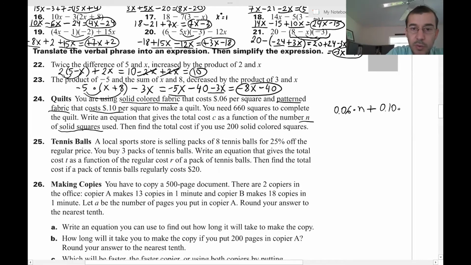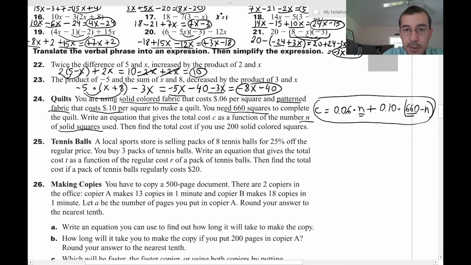We're going to do 660 squares all together. So this is going to be 660 minus n, the solid colored fabrics, right? 660 is the total amount. If we're using n here for solids, then the patterned fabric would be 660 minus n. Okay, this is the total cost right there.